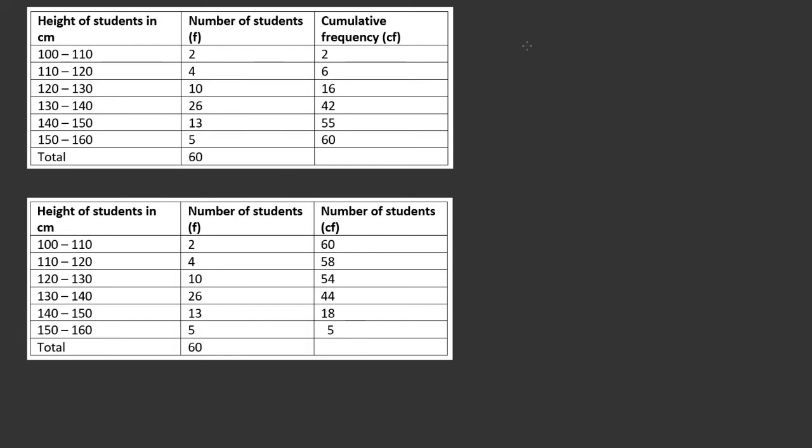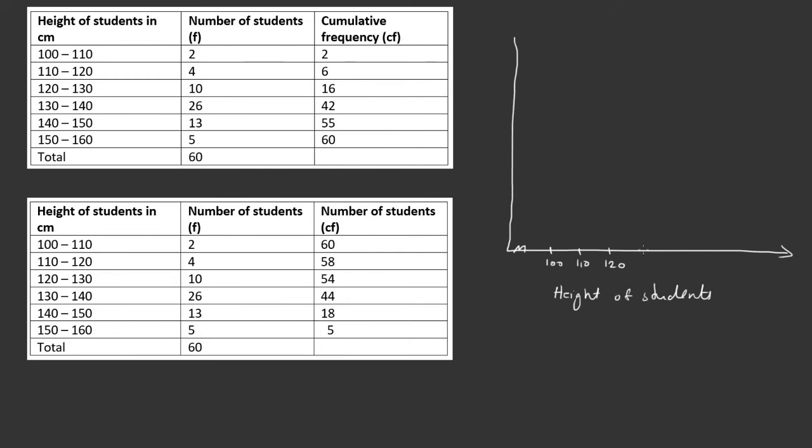We are going to draw both the ogives in the same axis. So, in x-axis, it is height of students. I can choose a convenient scale 100, 110, 120, 130 like that.